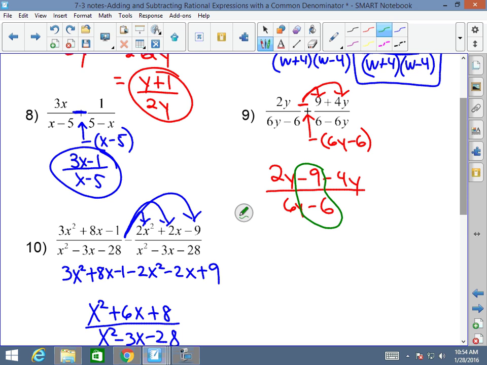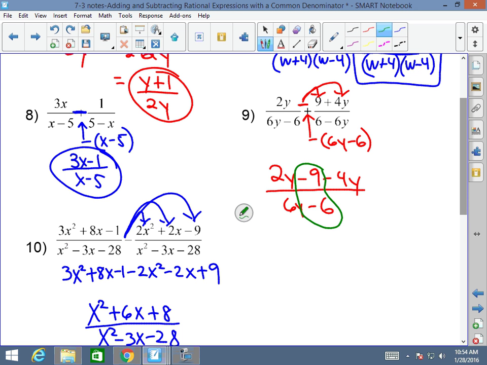I have said this at least 10 times today, probably 25 times throughout rational expressions, but I'll say it again because at least you had the guts to ask, and I appreciate that. You cannot simplify or cancel out individual pieces of polynomials.